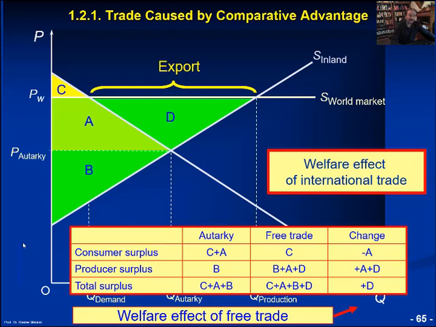If we rely again on the normative decision that the welfare of producers should have the same weight as the welfare of consumers, the net effect of a transition to free trade is positive, since producers gain more surplus than consumers lose. Hence, the area D is a net gain. However, we know that such a normative decision is not binding for reasons already mentioned, and we will come back to this problem soon.